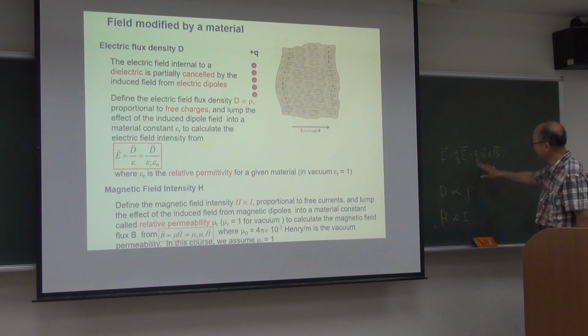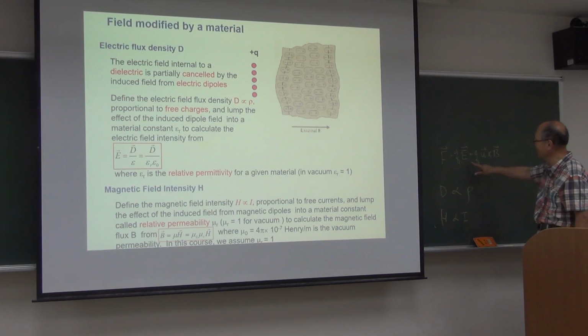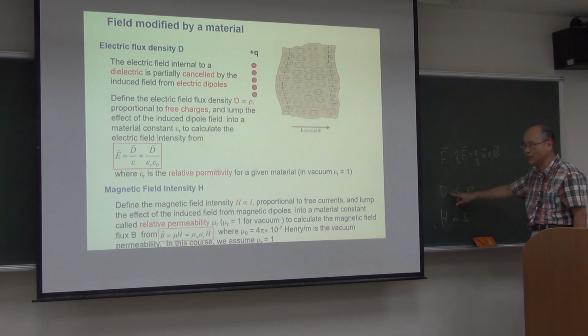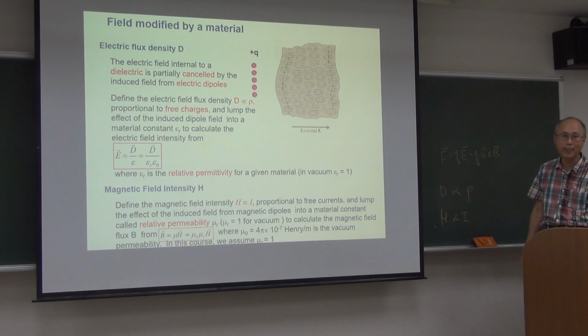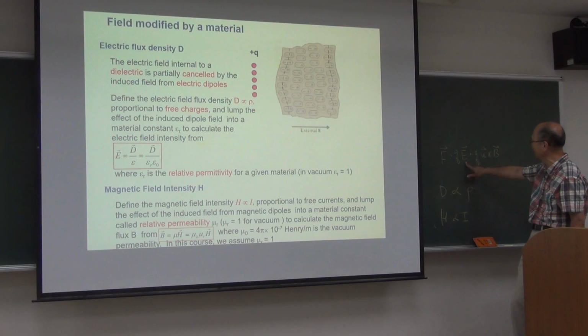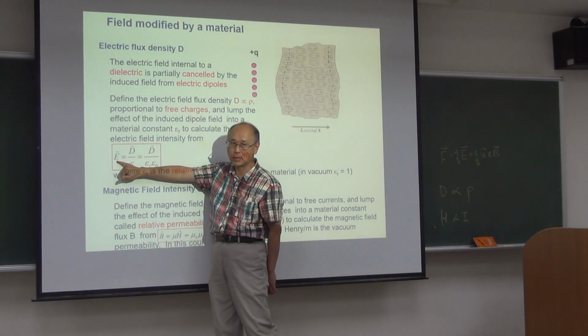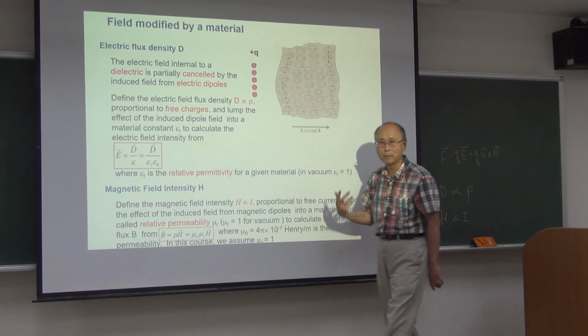Okay. But in our experience, we deal with E and B. In our applications, we deal with E and B. Okay. But mathematically, we create D and H, with D proportional to the charge, and H proportional to the current. And then we can come back to calculate this E and B. So you see that the purpose is to calculate this E. The purpose is to calculate this B nearby a material.